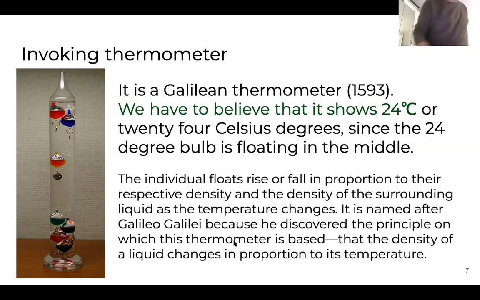Let me show you another one. This is a thermometer of my room, and it shows the temperature from minus 10 to plus 50 and something.